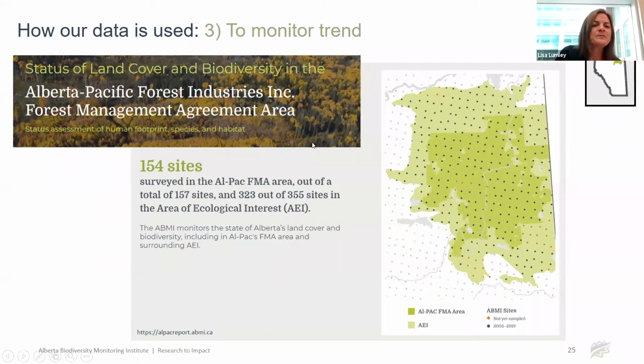Here's an example from a report that came out last year on the ALPAC forest industry forest management agreement area. There are 154 sites within the area, and then there's an area of ecological interest that surrounds it. So there's been a comparison between the forest management area itself plus the surrounding.